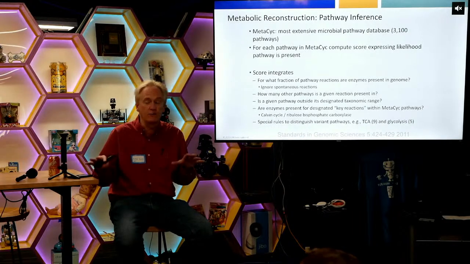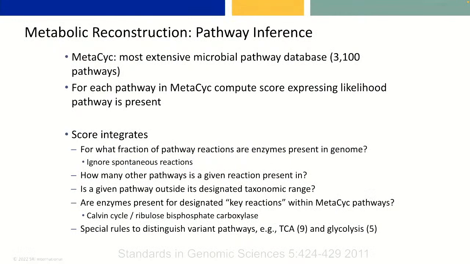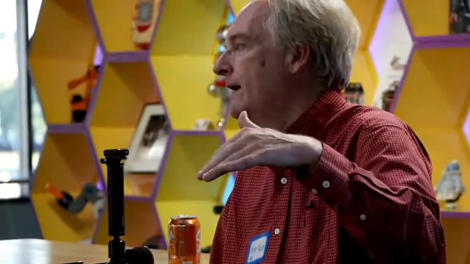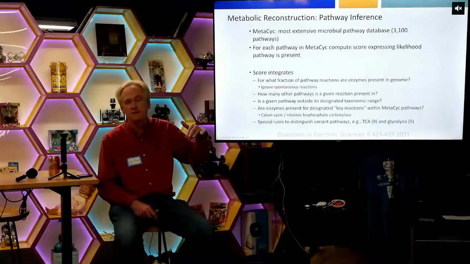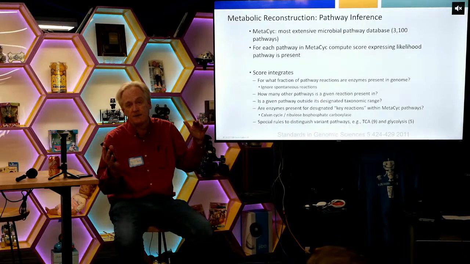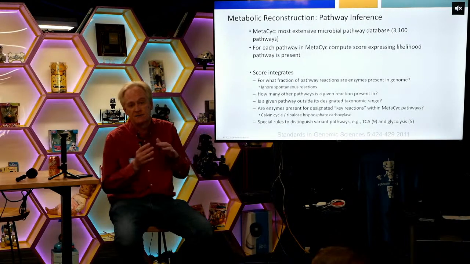So we then get the reactome of the organism. And so now to score the pathways, we look at each reaction in the pathway and ask how many of those reactions have an enzyme present in the genome. Maybe the pathway is complete, an enzyme is present for every reaction in the genome, maybe there are just a few missing, or maybe none of them are there, or just one or two.